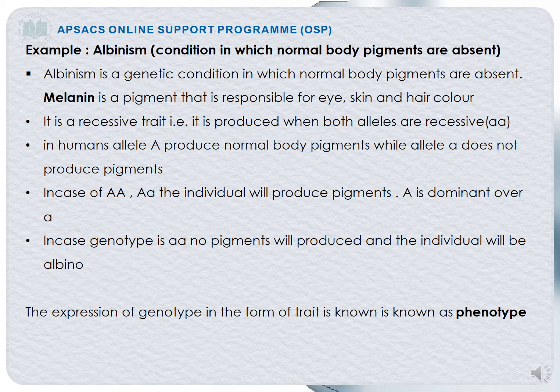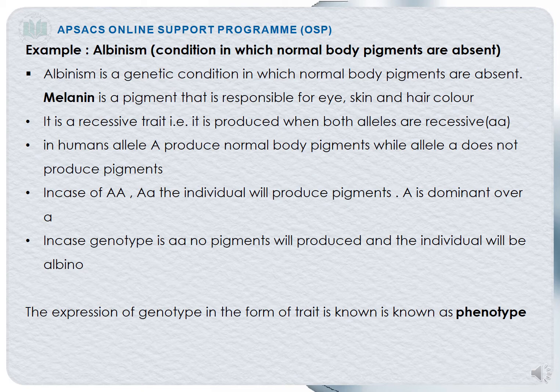In the normal human body, the capital A gene pair is responsible for the normal body pigment production, that is of melanin, while the small a does not produce any type of pigment. So in case of homozygous dominant condition and heterozygous condition, the individual will produce the normal pigments.